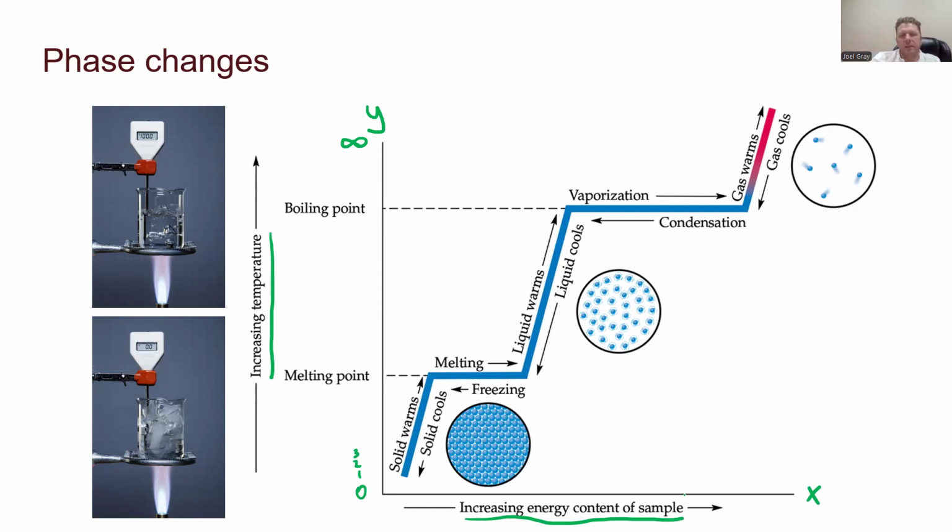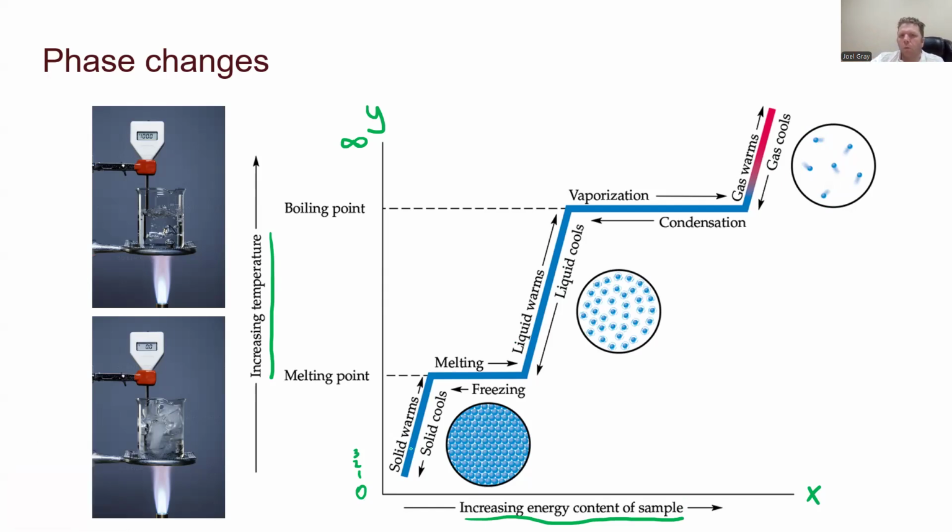So what that means is that the energy that is present in our sample with all of those different collisions taking place, that's going to be increasing. So if we increase the temperature, what does that mean? That means that we increase the number and frequency of collisions between all the different atoms. Okay, so that's our y-axis versus our x-axis.